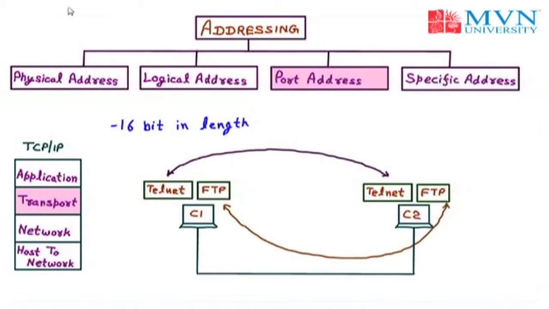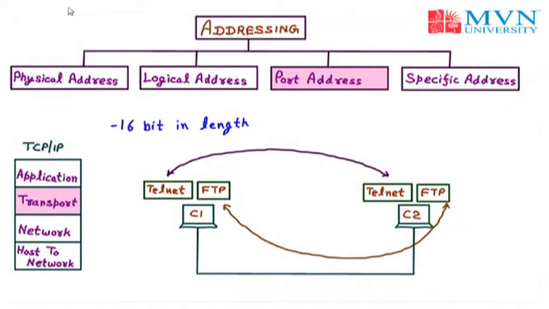So now we have a single path between two systems, but there are different protocols which want to communicate with each other at the same time. So that's why we need different process numbers, or in layman's language we say we need different port numbers. So that is the invention of the port address.